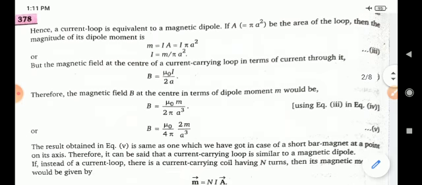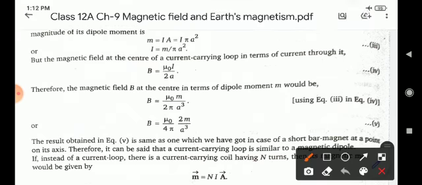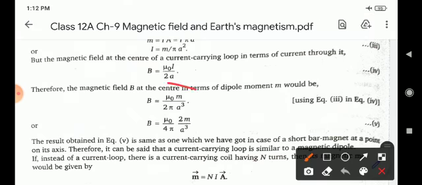This is equation number 4. The magnetic field B at the center in terms of the dipole moment M would be B equal to mu 0 upon 2 pi, M upon a cube, that is B equal to mu 0 upon 4 pi into 2M upon a cube.